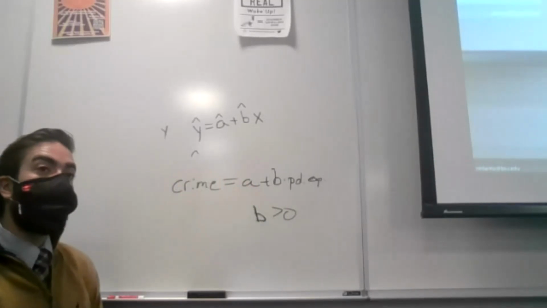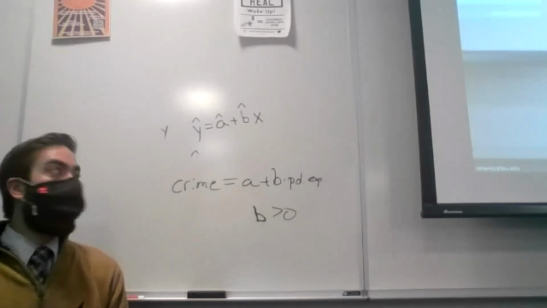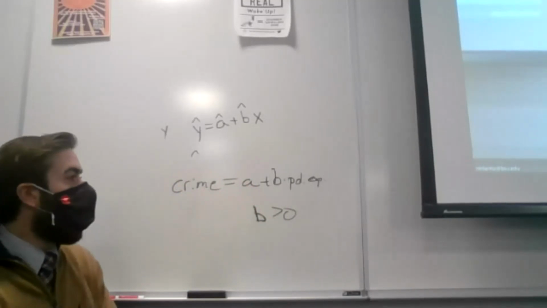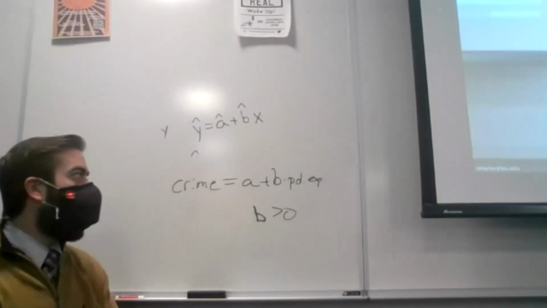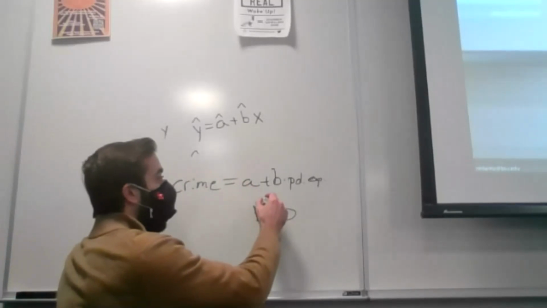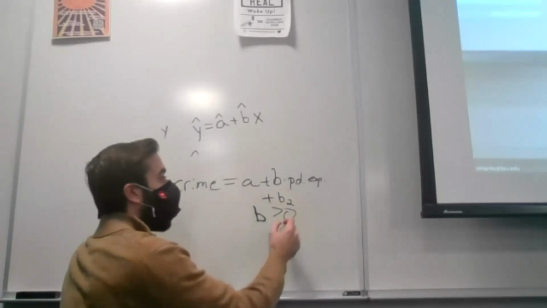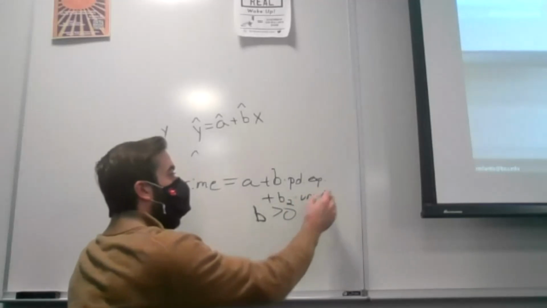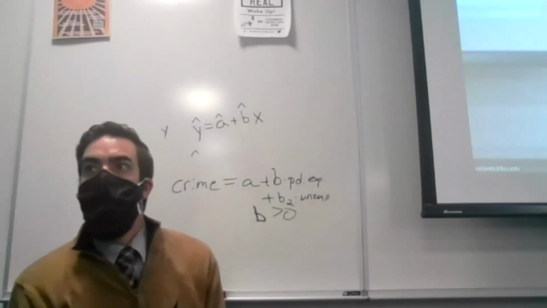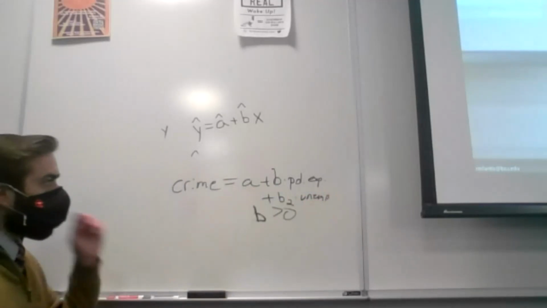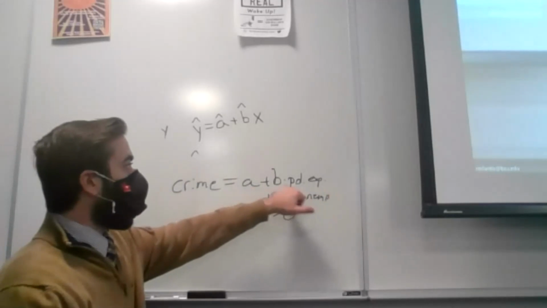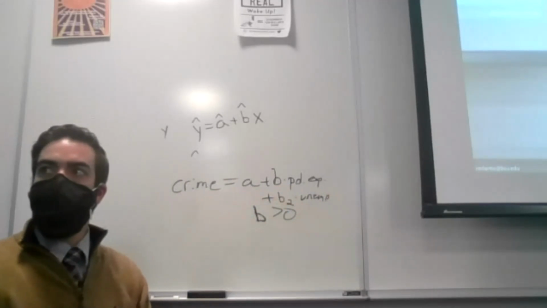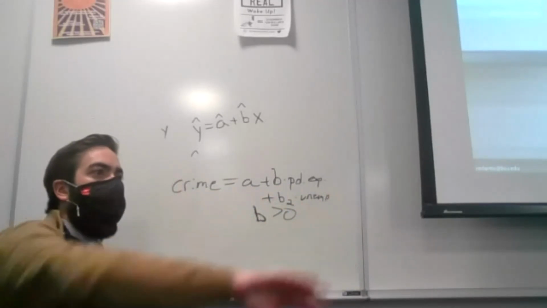However, if we can start to control for other things that pick up reasons why crime would already be higher in an area, like socioeconomic measures, so maybe we add in a second variable, something like the unemployment rate or average income in the area. Well, now when we're thinking about the relationship between police force expenditures and crime, every other variable that we add in on the right-hand side holds those factors constant.